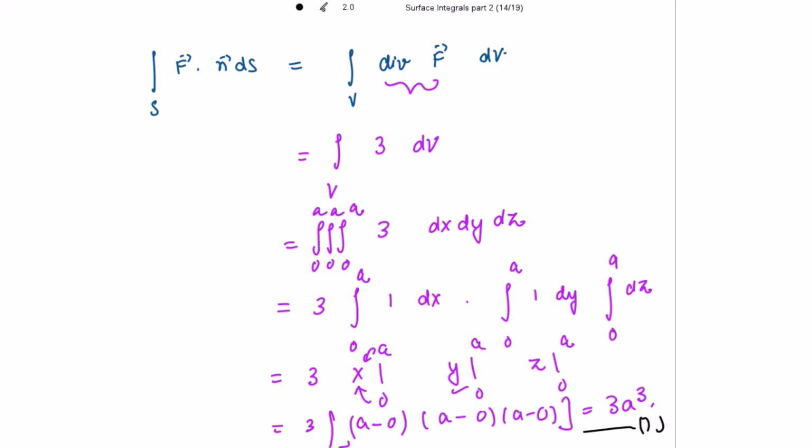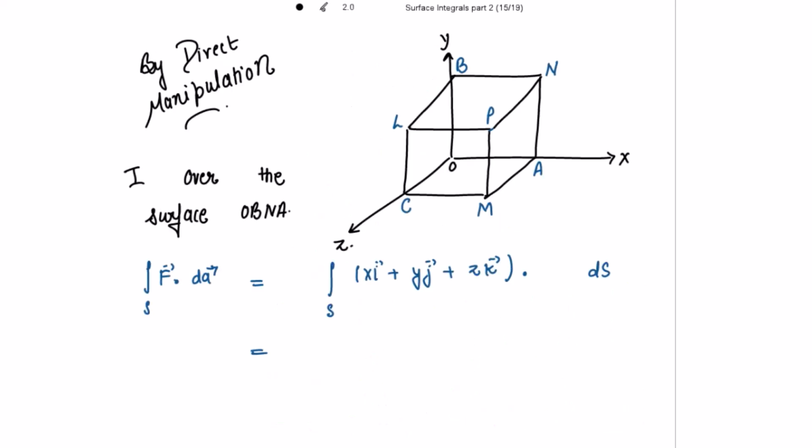And now we are going to evaluate the surface integral directly and check whether the result comes out to be 3a cubed or not. For this, I have taken these three axes x, y, z, and this is the surface, that is the cube. And this cube consists of 6 faces, right? So the surface S consists of 6 faces, and we are going to evaluate the integral over each of these 6 faces.